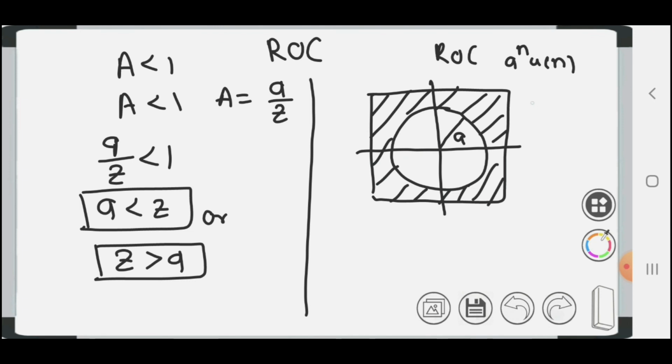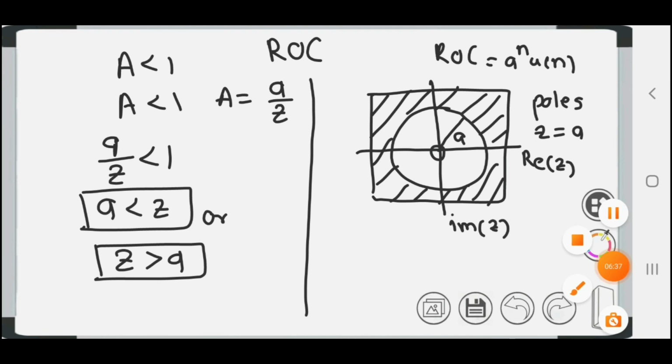So we can say that the poles are at z equal to a. So this can be your real part of z, this your imaginary part of z, and the zero at the origin. So this is the ROC for a raised to n u of n. The ROC will be the exterior part of a circle having radius a.